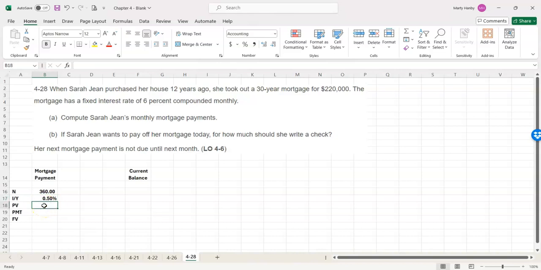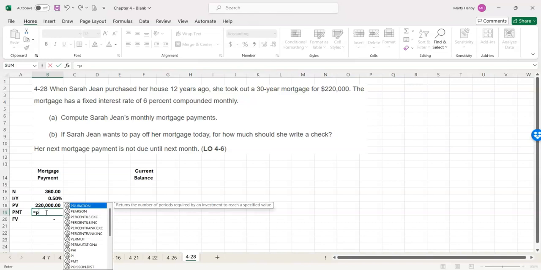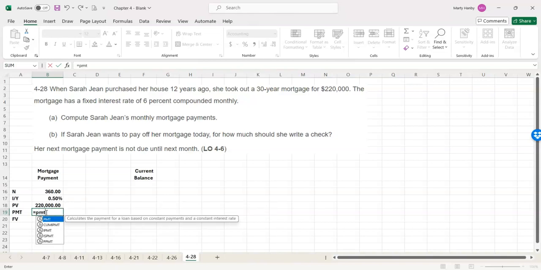So the 220,000. All right, gotta widen my column. So the future value is 0. So equals payment is PMT. So equals PMT.